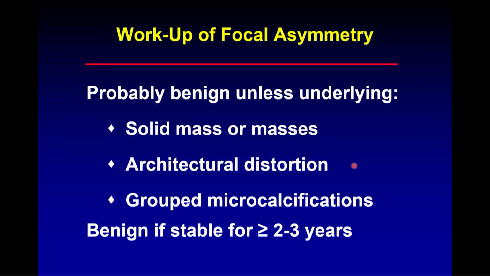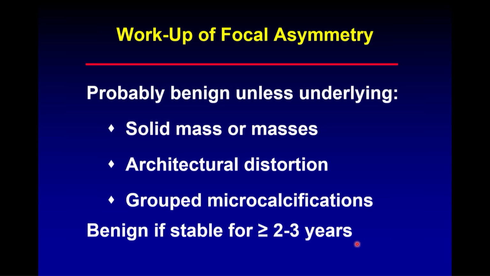If you have any of those things when you work up the focal asymmetry, again, the workup changes from an asymmetry workup to a mass workup or an architectural distortion workup or a calcification workup, because each of these three is much more worrisome than just the focal asymmetry. And remember that a probably benign finding is benign if it's stable for the surveillance period. BI-RADS allows a surveillance period of either 2 to 3 years. Most people are satisfied with 2-year stability to call something benign.